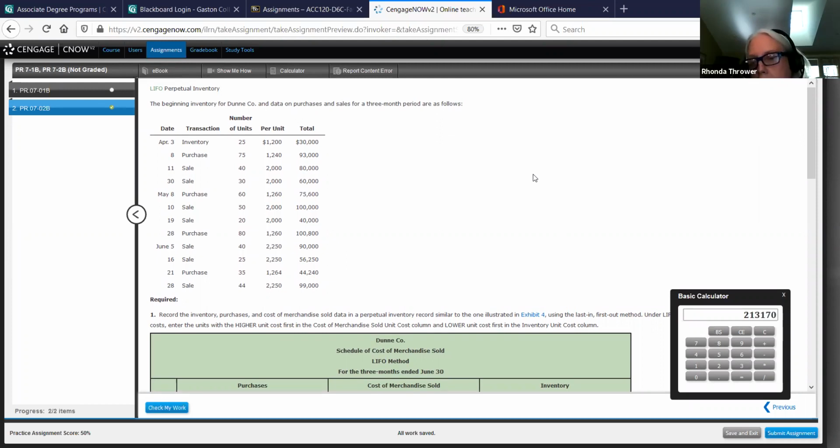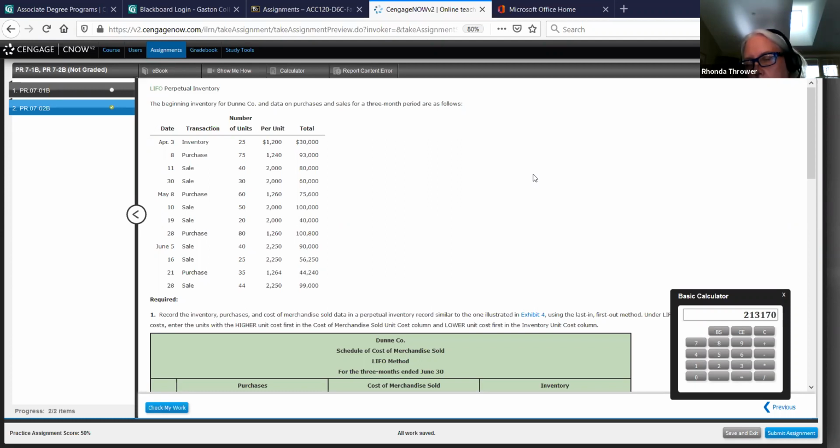So under the FIFO method, which is what we did the last time, we took the first units in that we purchased and sold them first, which does match the physical flow of goods. But with the LIFO method, the actual units we sold does not match the LIFO method.